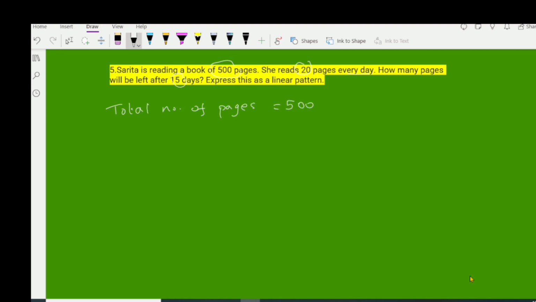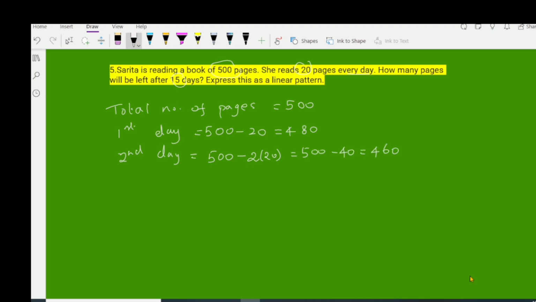So first day, how many pages can she complete? 20 pages, which means how many pages remaining? 500 minus 20, 480 pages. After one day, she will have 480 pages to complete. Then after the second day, she can finish 500 minus 2 times 20, which is 500 minus 40, that is 460.